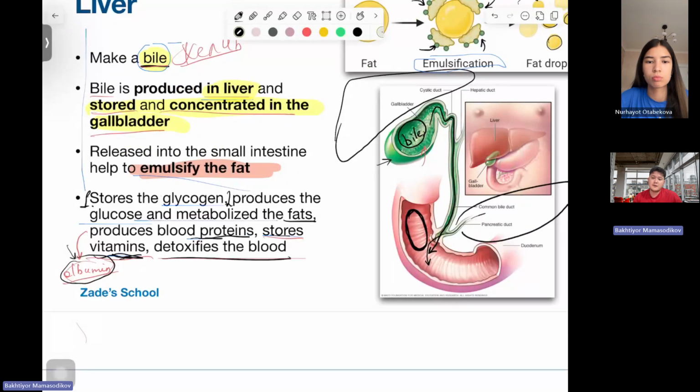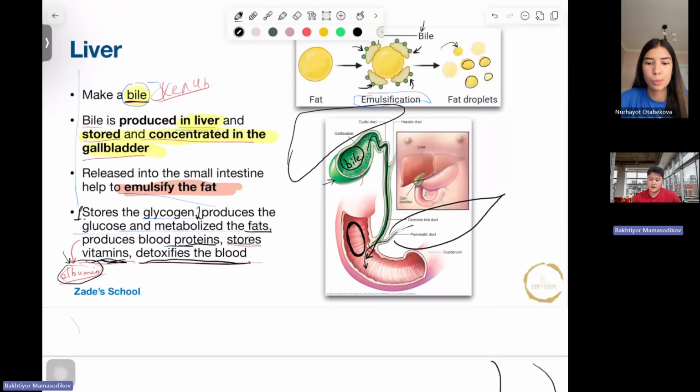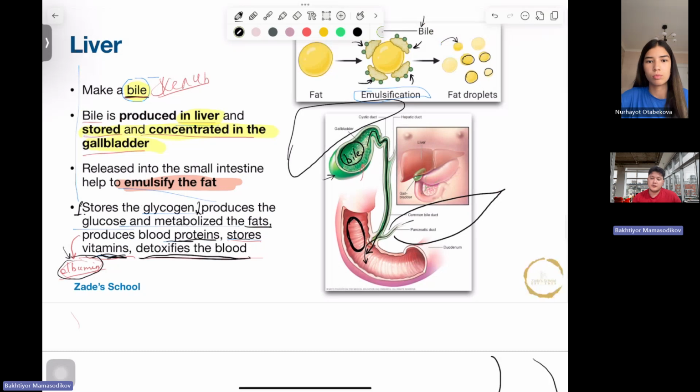This is the place where a lot of vitamins are stored, vitamin K, A, and others. And it detoxifies the blood. If there are toxins from the small intestine, they will go for detoxification to the liver, through the portal system, the hepatic portal system. Okay, any questions from here?